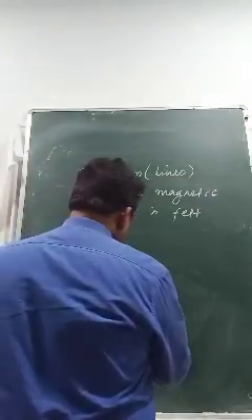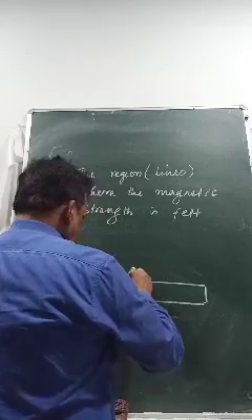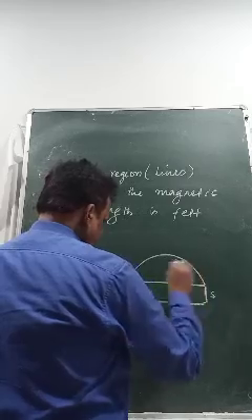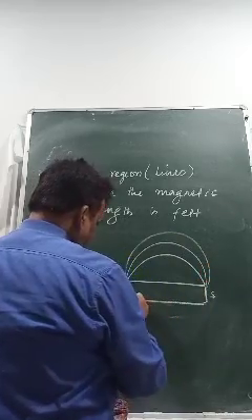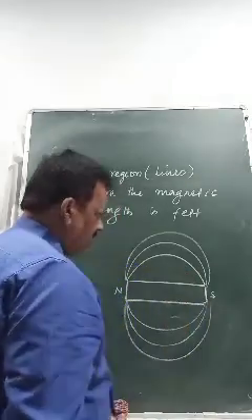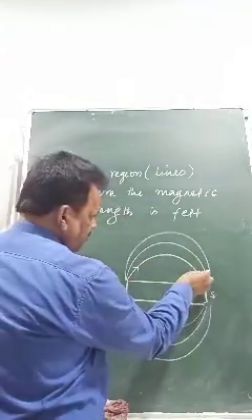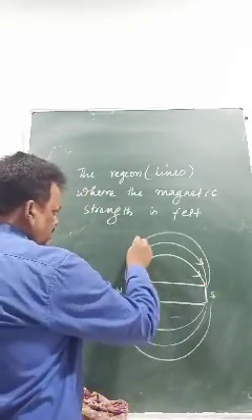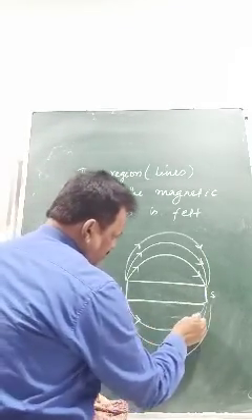If there is a piece of bar magnet, observe it carefully. You see this is the north pole, this is the south pole. Some lines will come like this: 1, 2, 3. The direction I am showing you here: it starts from the north pole and goes up to the south pole.